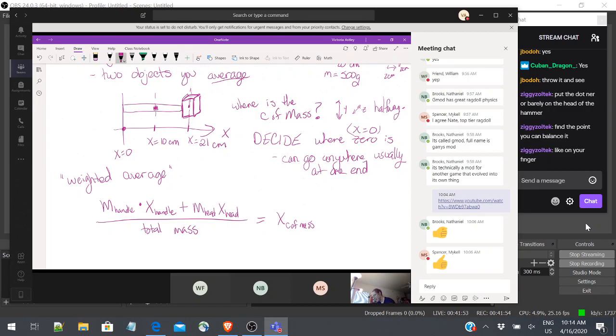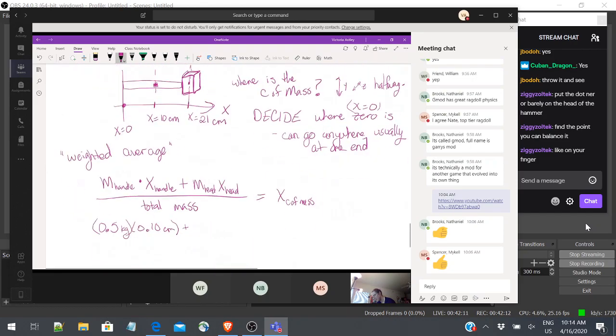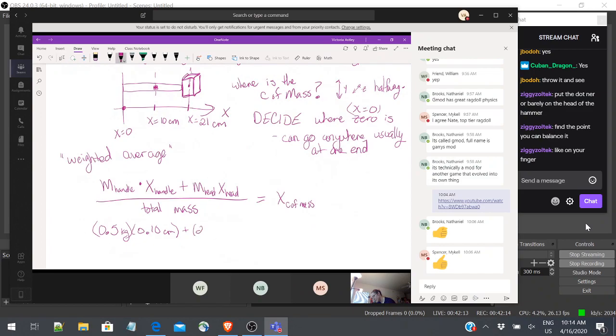All right, so it is 0.5 kilograms times 0. I don't actually have to convert this. I can leave this in centimeters if I want, but just to make life easier, I'm not going to. This is, what did I say, 2.5 kilograms. And this is 0.21 meters divided by our total mass of 3 kilograms.